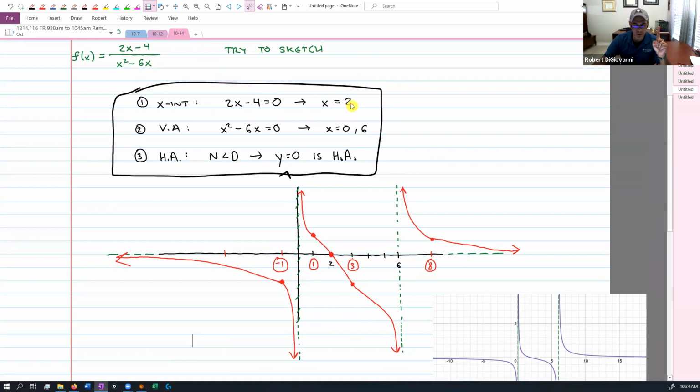How many verticals did we have? 2, right? So total those together, we have 3 total. That means once I know that, I know I'm going to have 4 test points. It's always 1 more than those 2 together, right? So if you had 2 x-intercepts and 2 vertical asymptotes, then you should have 5 test points. Make sense?